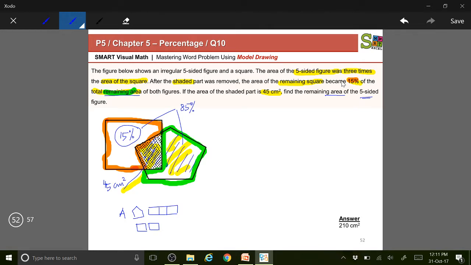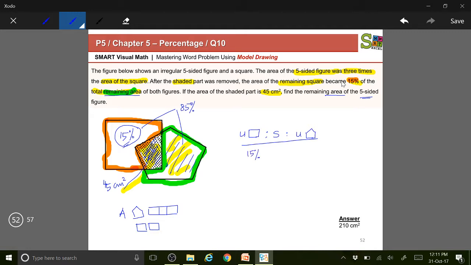Alright, so let's do this in the ratio method. You have the unshaded square. The common must be the center, which is the shaded area, so you're going to put it as S. Then we have the unshaded of the five-sided figure. We know unshaded square, as they mentioned, is 15%, so we're going to write 15% here.